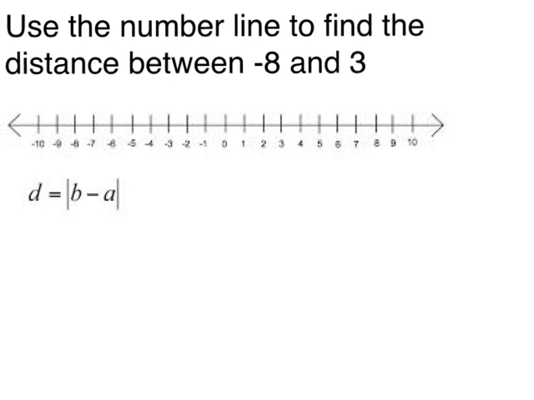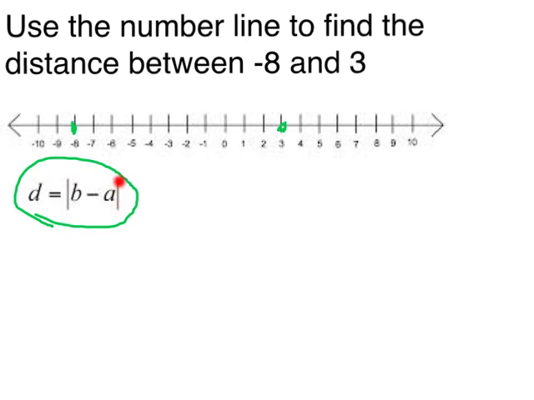So in this example we have to find the distance between -8, which is right here, and 3, which is right here. Now you could just count them off, but in this case we're going to use the formula right here. D is for distance, A and B, doesn't matter which one you use, you'll get the same answer. And if you remember, these are absolute value lines from Algebra 1.